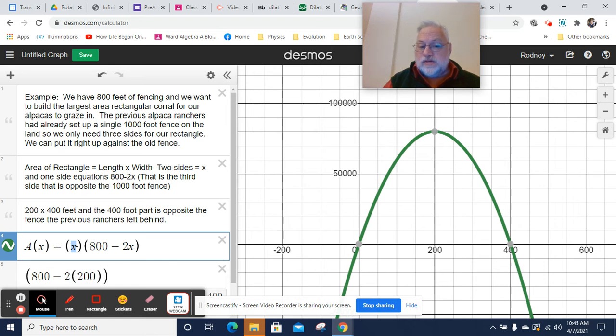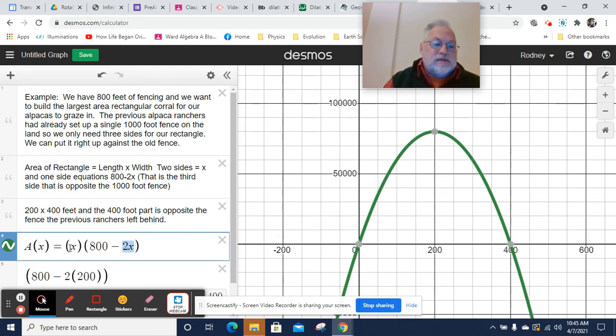It turns out that x was 200, so 2x will be 400. And then the side that is opposite the fence that the previous ranchers left behind is going to be 800 feet of fencing minus whatever I used for the other two pieces, so minus 2x.